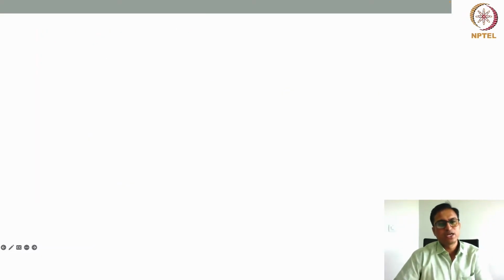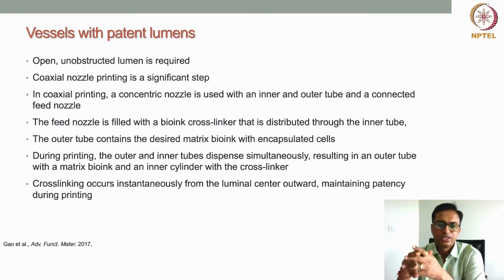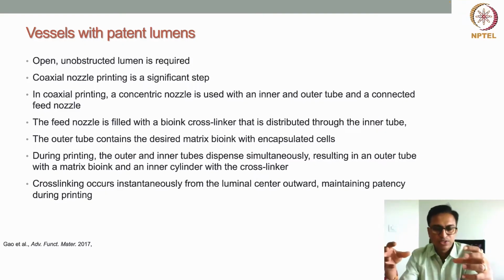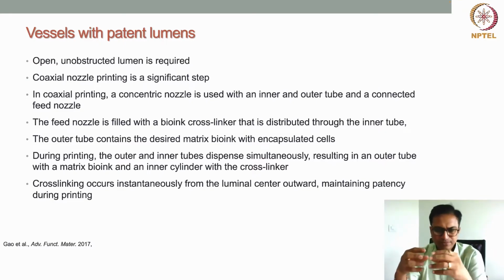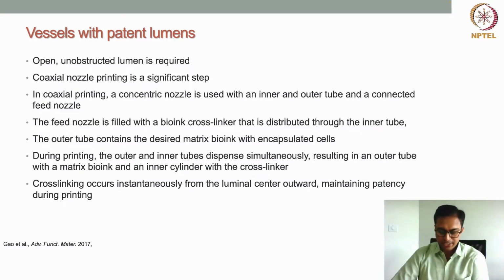During printing, the outer and inner tubes dispense the material simultaneously, resulting in the outer tube with the matrix bioink and the inner cylinder with the crosslinker. So a crosslinker-filled tube is developed, and because of the presence of crosslinker inside the tube, it will cross-link the bioink from the luminal center outward, maintaining the patency during printing.